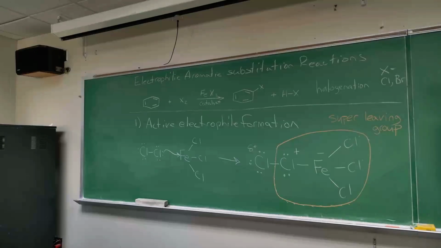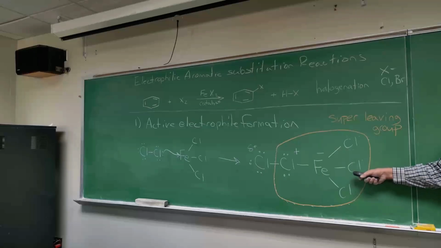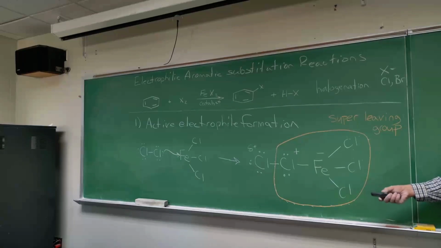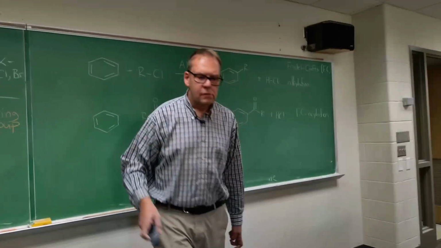So let's take a look at that in this next step, unless there are questions. But this is the active electrophile in the electrophilic aromatic substitution reaction involving chlorine or bromine. You just have to hook the chlorine or the bromine to the iron. All right.